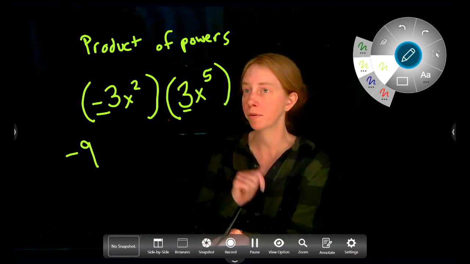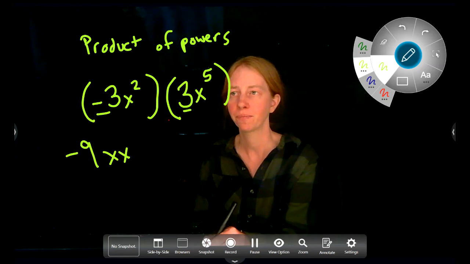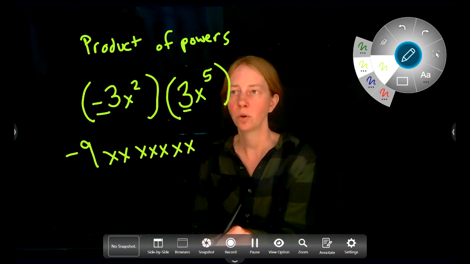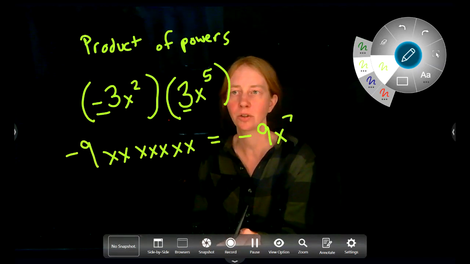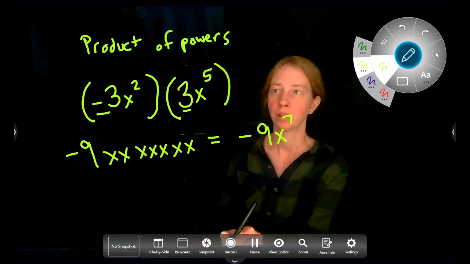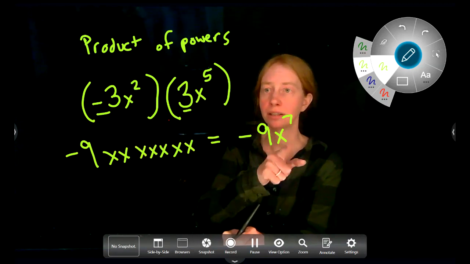Okay, and we have a rule for that, but let me show you what we're really looking at here is x times x, that's the x squared, times x to the 5th, that's x, 2, 3, 4, 5. Okay, so we truly have negative 9x to the 1, 2, 3, 4, 5, 6, 7, x to the 7th power. Okay, and you'll notice that that's 2 plus 5 is 7.